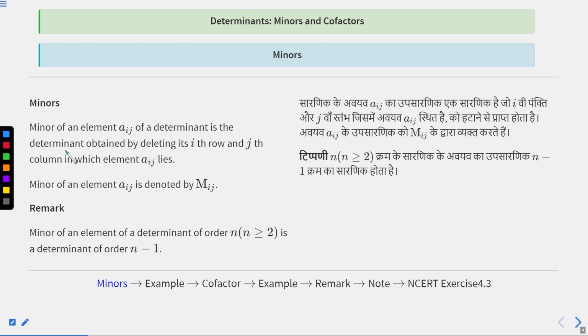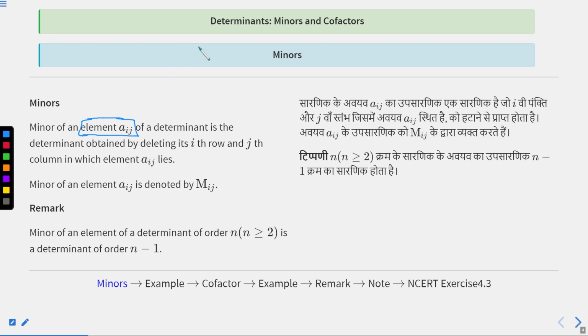Whenever we come across this term minor, you think that you are going to evaluate it for some element.